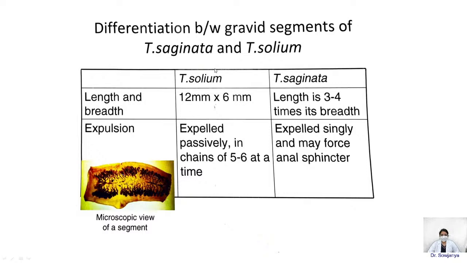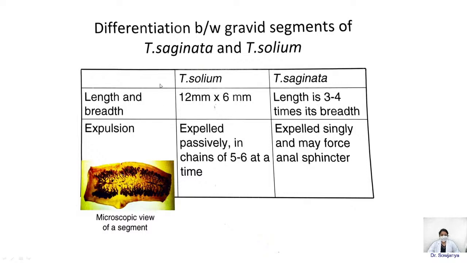So how do we differentiate the gravid segments of Taenia saginata and Taenia solium? The proglottids, as I said, are classified into immature, mature, and gravid. Mature proglottids have a well developed uterus, and in gravid segments, the uterus is filled completely with eggs. Based on the gravid proglottid structure, they can be differentiated.